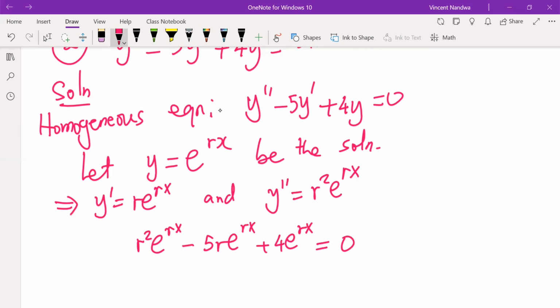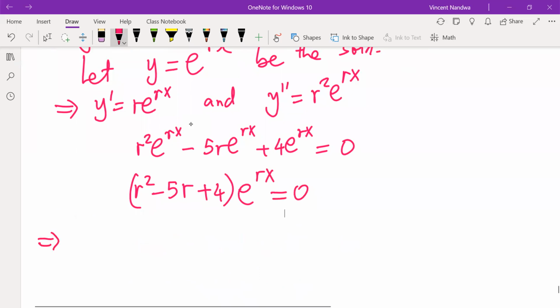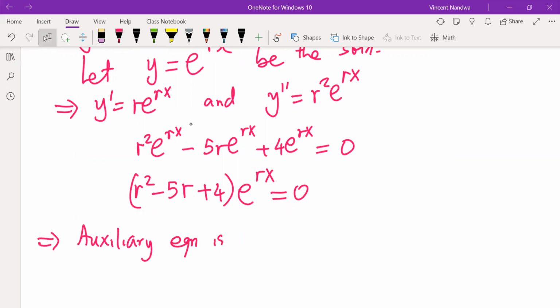So that means r squared minus 5r plus 4, multiplied by e raised to power rx, equals 0. Which means the auxiliary equation is r squared minus 5r plus 4 equals 0.